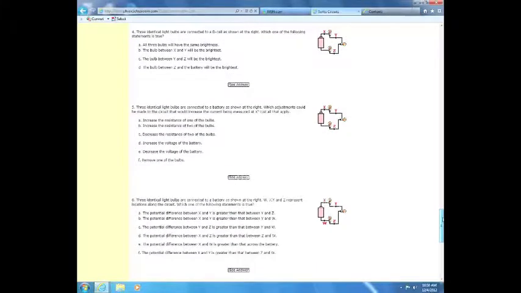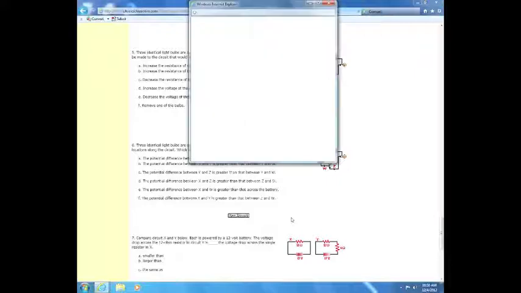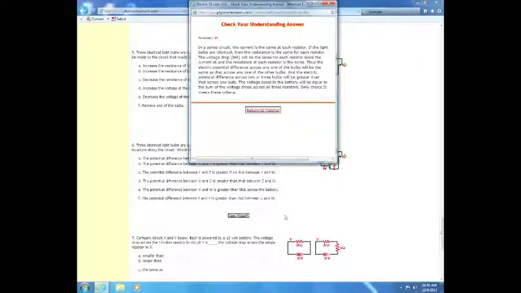Lots of questions with all the answers. This is formative assessment where you get feedback immediately to check for understanding. There again is another box with the answer.